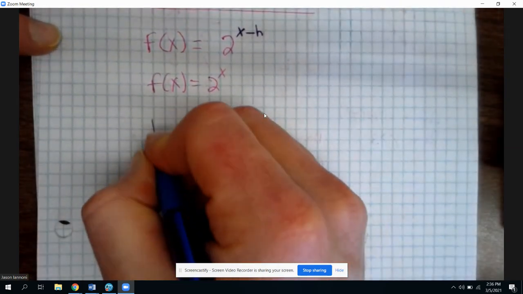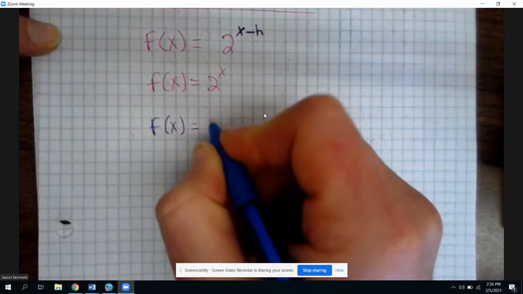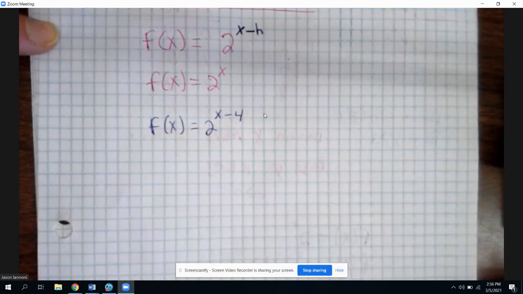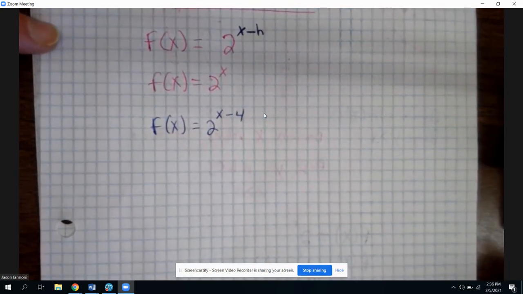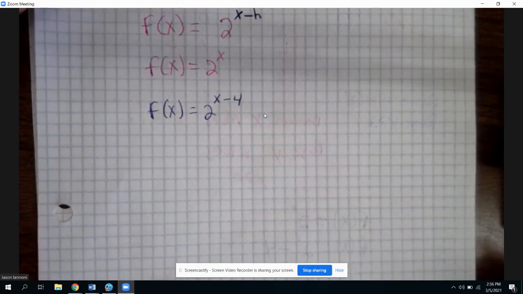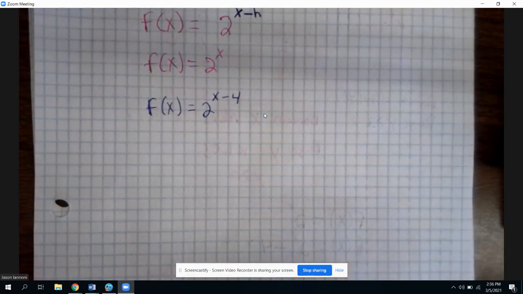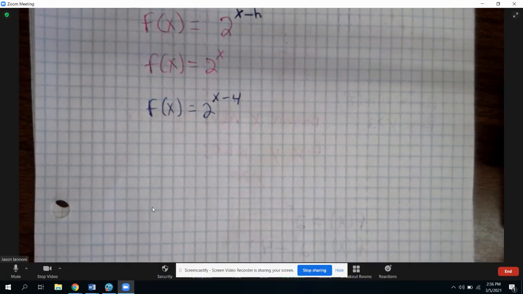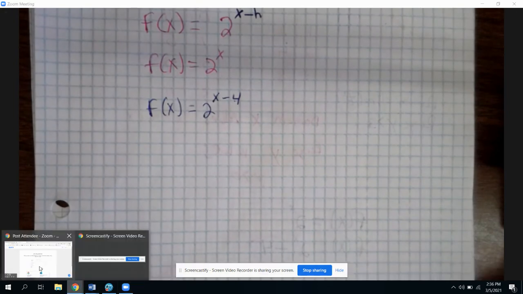So we're going to compare it to f of x equals 2 to the x minus 4. So I want you to think about what that might look like. You remember we had some interesting rules last time when we talked about absolute value functions. Think about what that might look like for a second while we bring up the calculator.